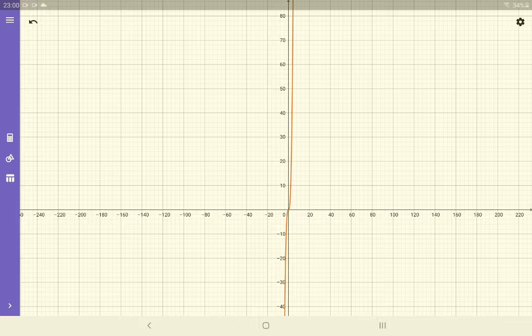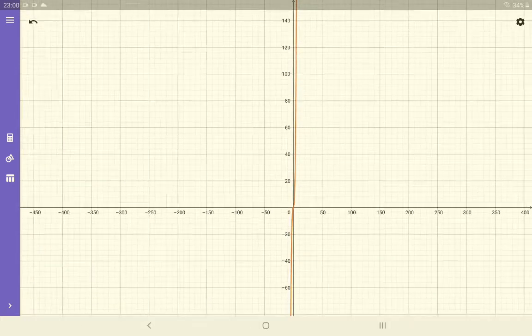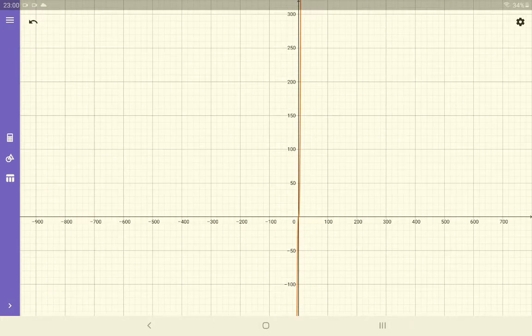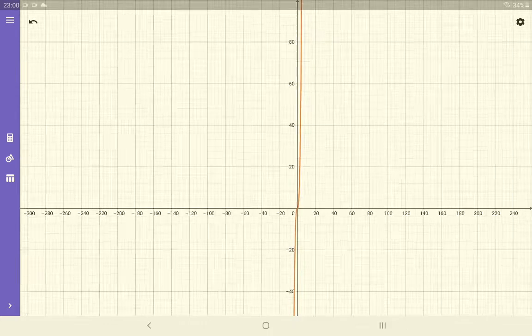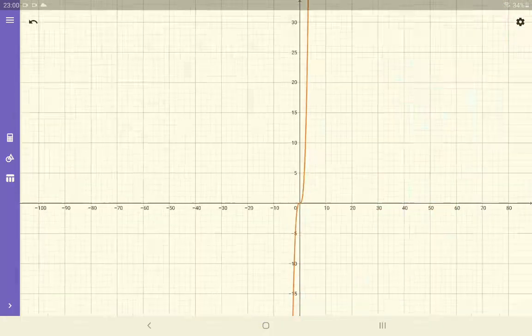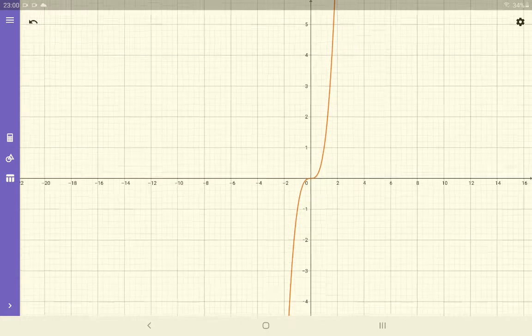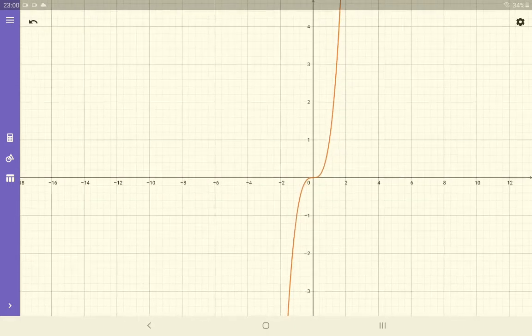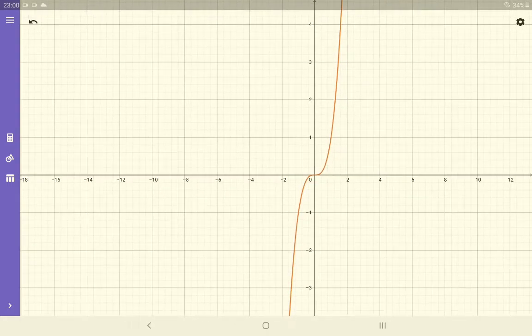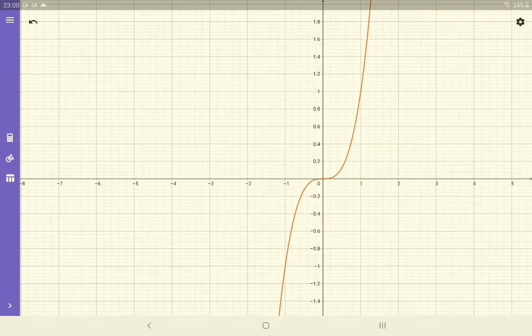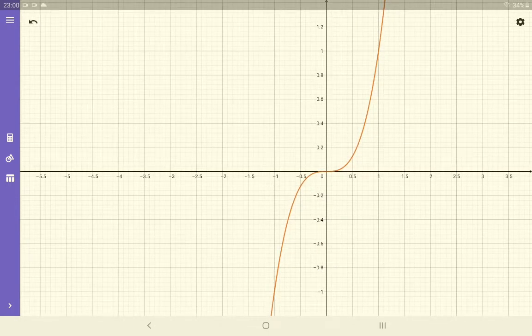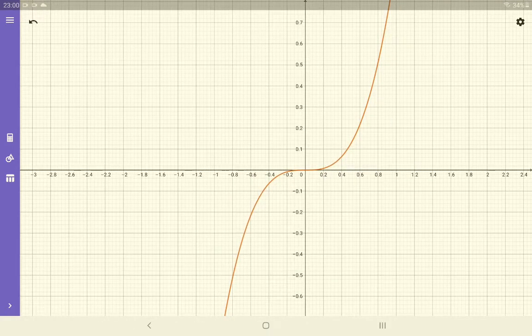You can see how it decreases and increases. See, if I substitute the value of 1 here, at that time 1 cube represents 1 only.